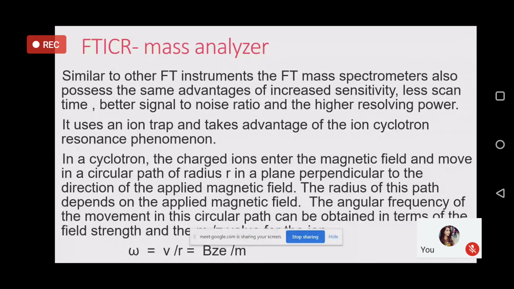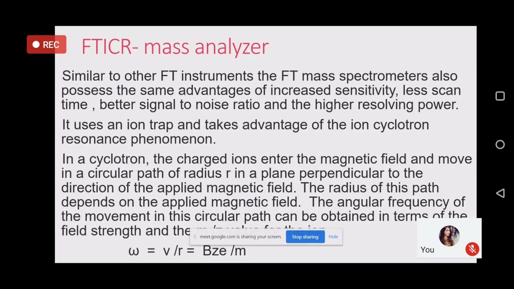Data collected in the time domain, whether it is FTIR, FTNMR, or even in this case, is converted to the respective domain. In case of FTIR, the domain is wavelength. So the domain of measurement is time, and the Fourier transform converts that from time domain to wavelength domain.